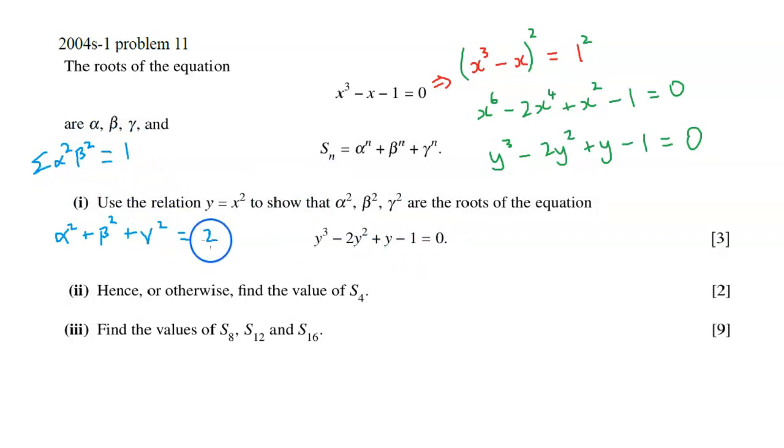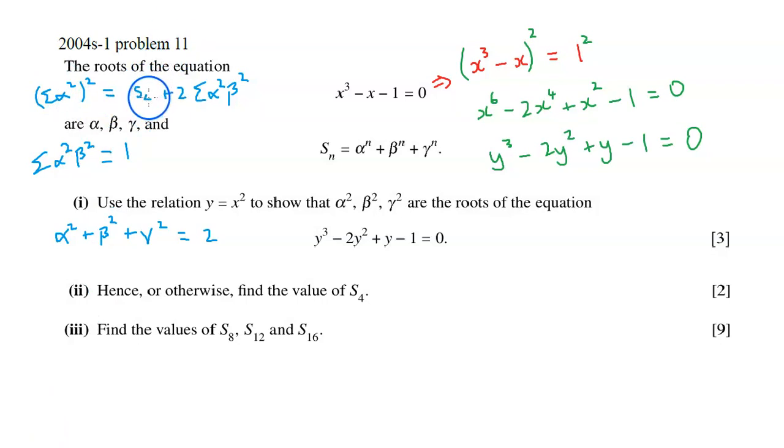So we could do this using algebra. The sum of alpha squared, squared, will be equal to S4 plus 2 times the sum of alpha squared, beta squared. So that's fairly easy. Sorry, my mistake, I wrote S4 wrong there.